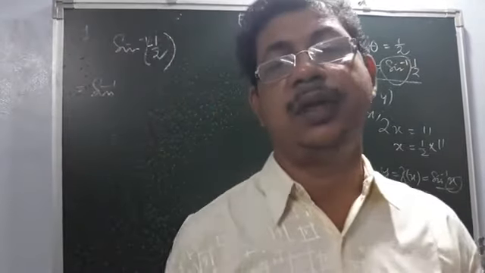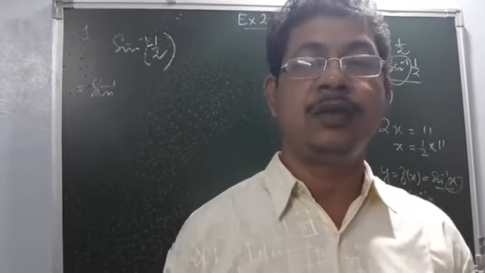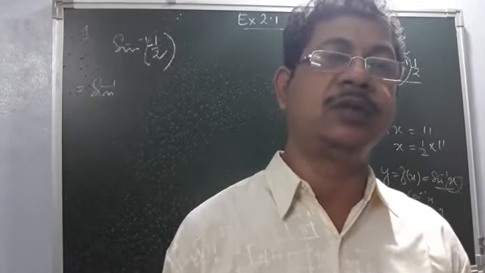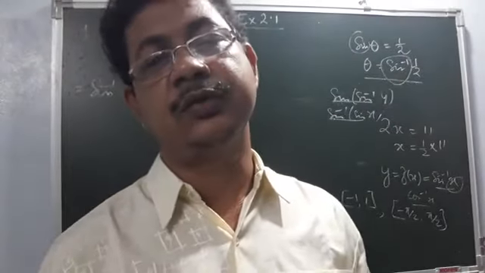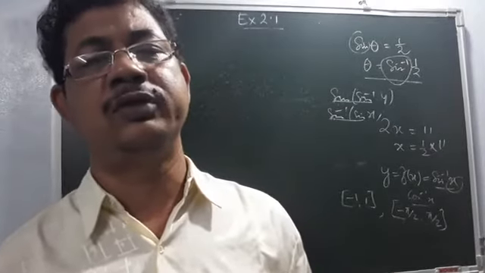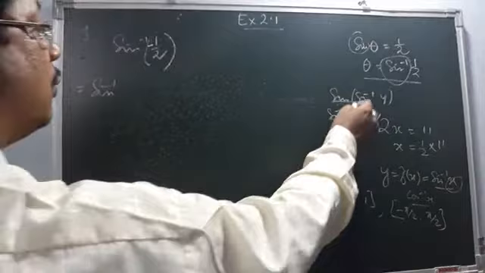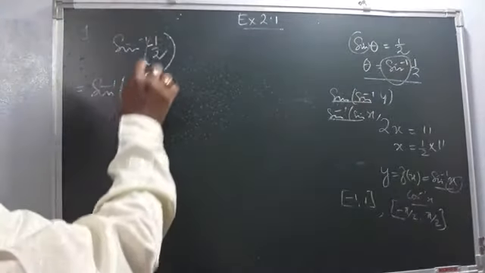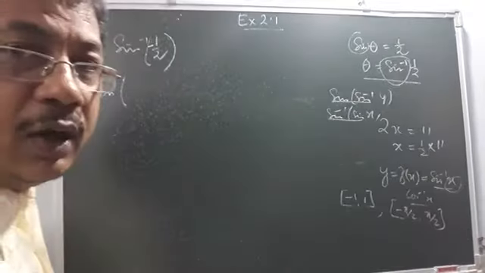Both will act and neutralize each other's property. If they come in contact, both will vanish. As we know this, here sine inverse is there, so you try to make one sine.